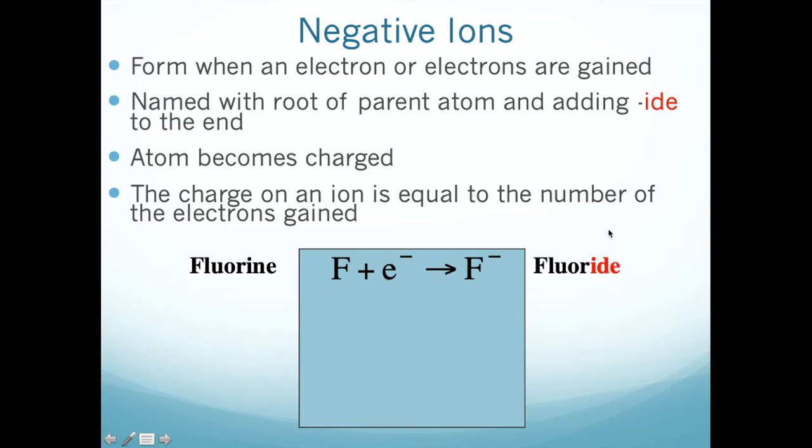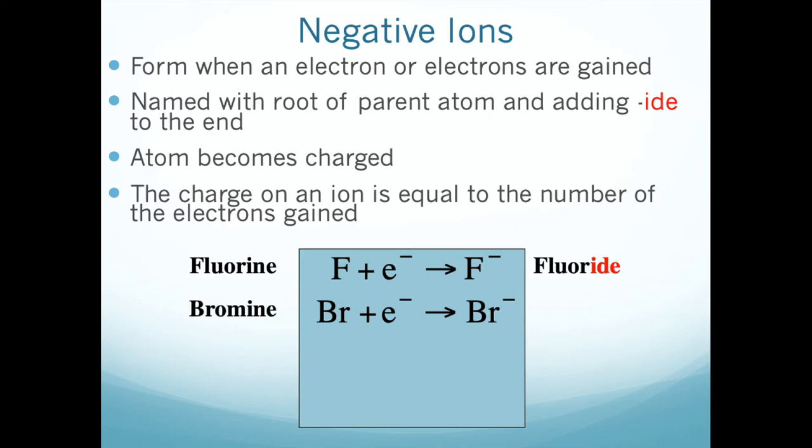Like fluorine, we can look at the group any of our nonmetals are in and immediately figure out what their charge is going to be when they form ions. Bromine, which is also in group 17, will, just like fluorine, form a -1 ion. And just like fluorine, its name's going to change.